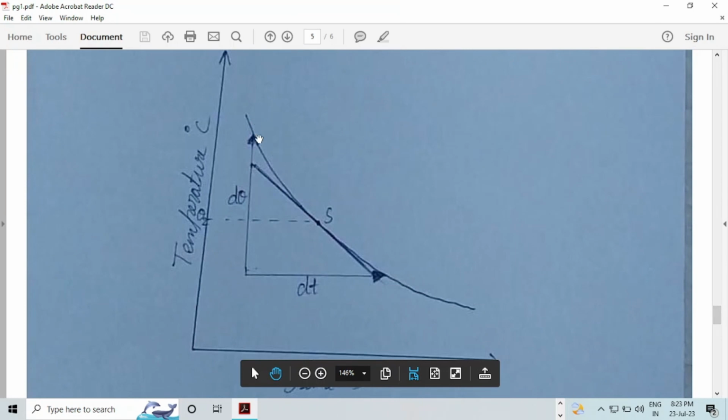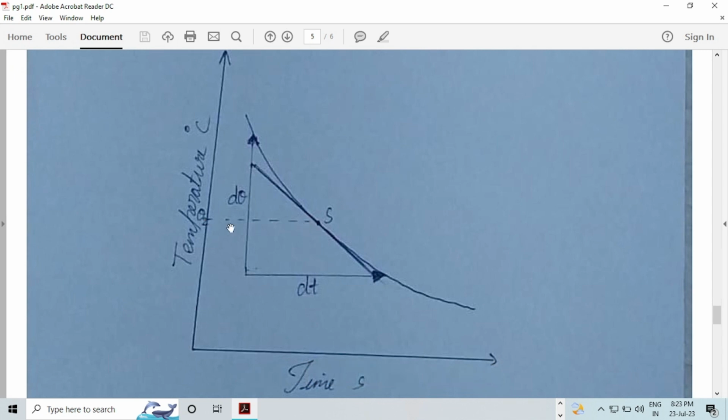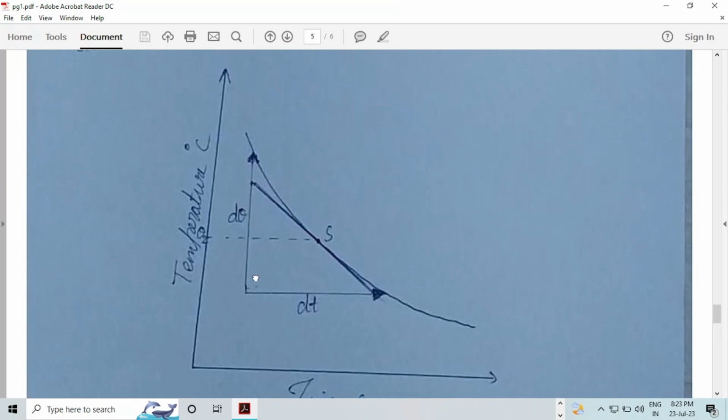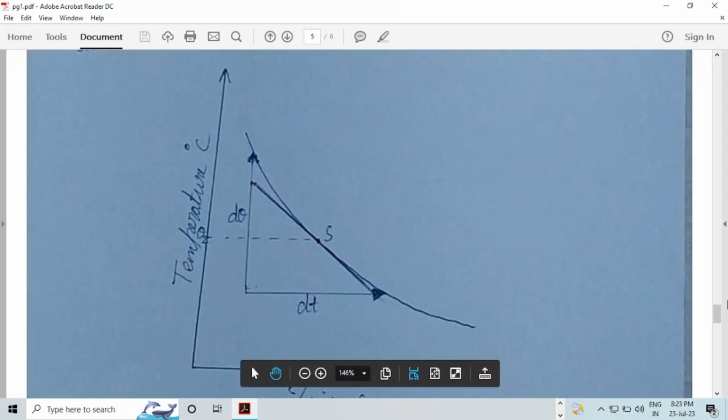This is the cooling curve. Here I have marked theta 2, and I have also marked the corresponding point on the graph, S, and I have drawn a tangent passing through this S. Then I have calculated the slope. Slope is d theta by dt. So this gives the value of d theta by dt.